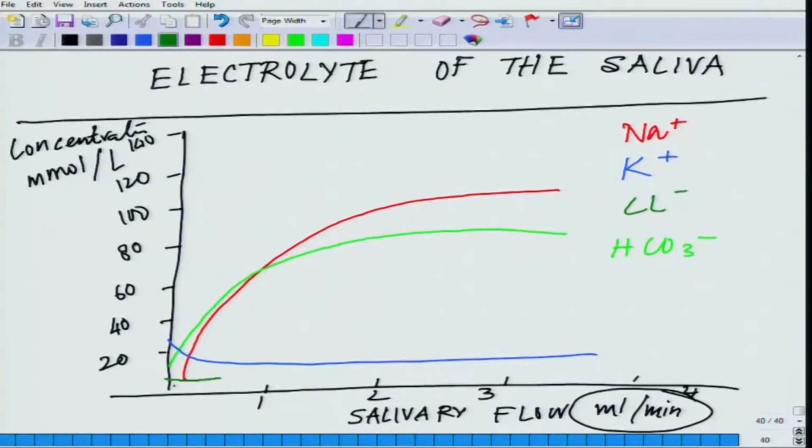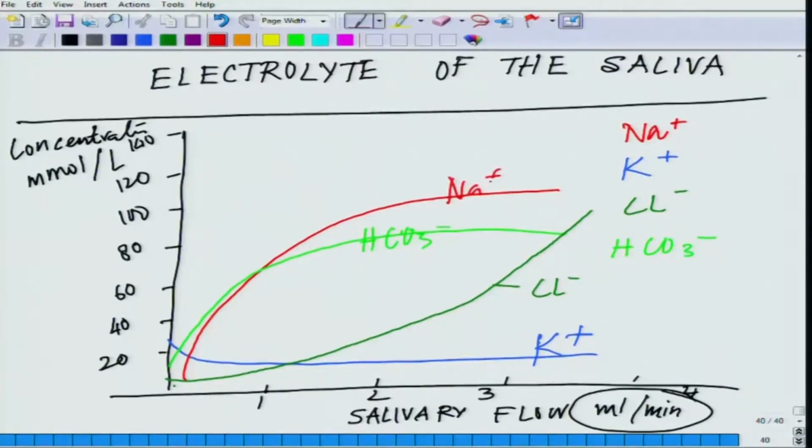Chloride moves up slowly and then it becomes like this. Okay. So, this is how the chloride moves. This is your potassium, and then you have the sodium out here, and this is the HCO3 minus.